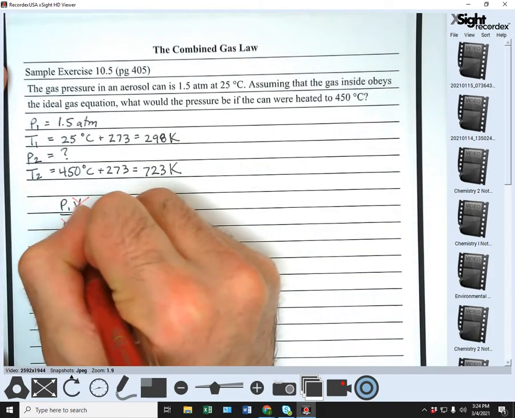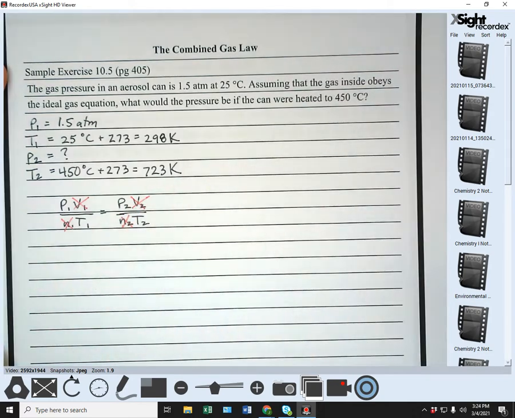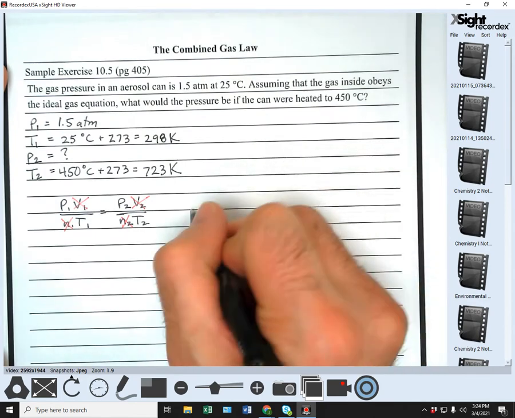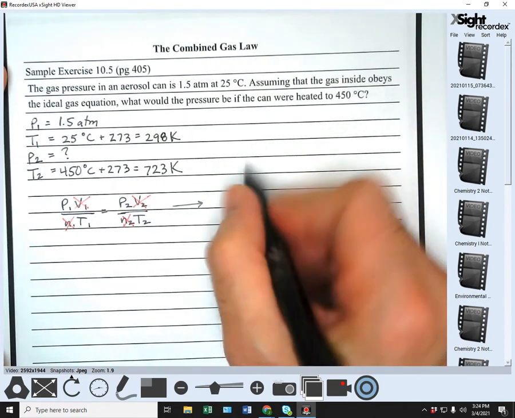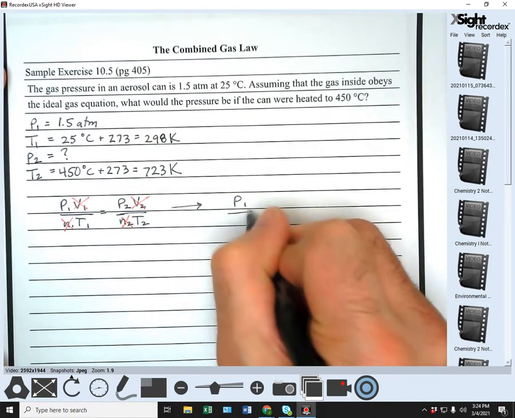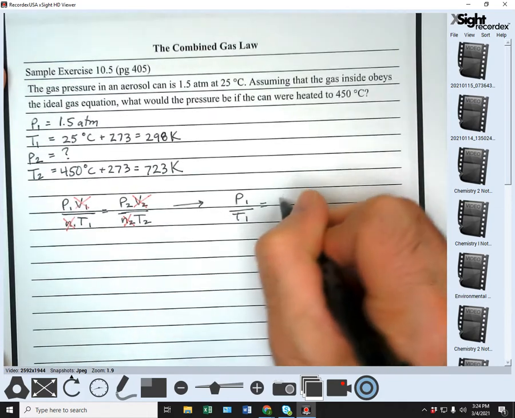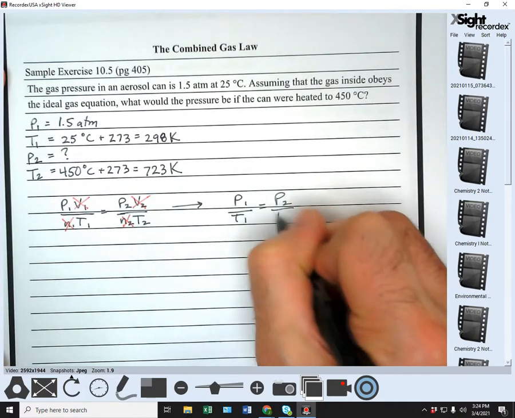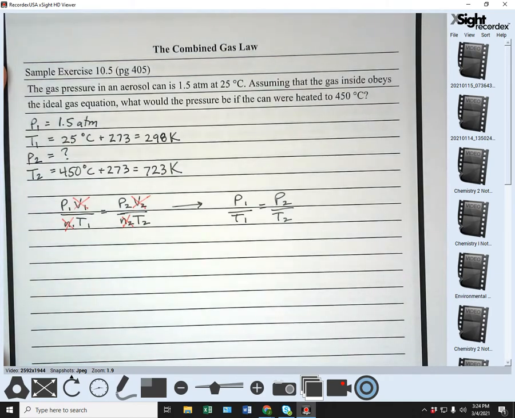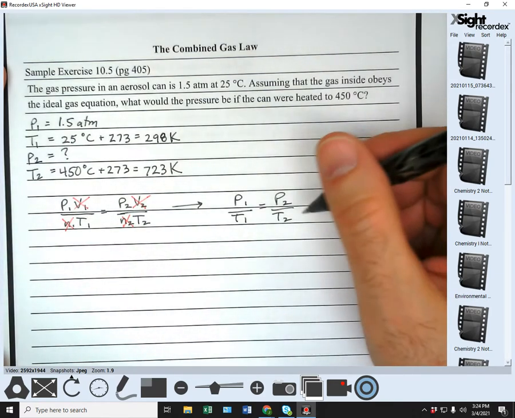So we're going to ignore the N. So this equation turns into P1 over T1 equals P2 over T2. And that's our equation.